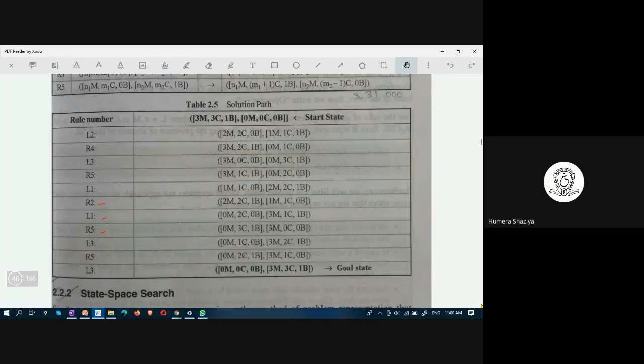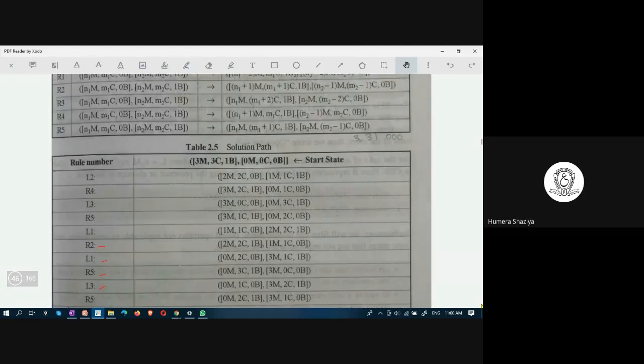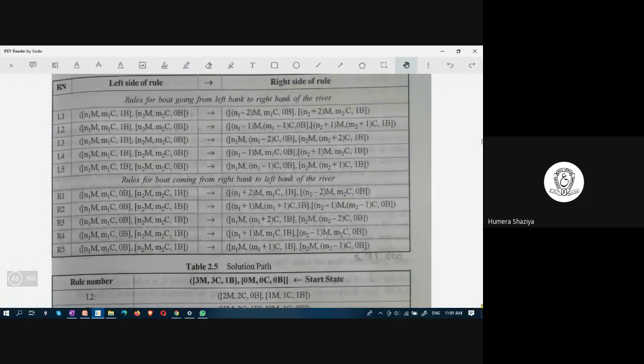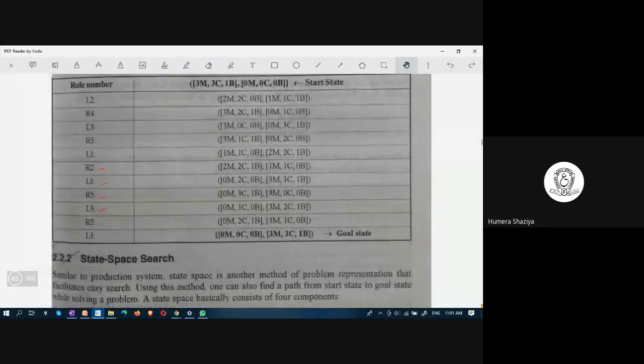Here you are taking one cannibal. And then L3 means you are taking two cannibals to the left. Then R5 is one cannibal from right to left. Finally, L3, two cannibals to the right, and we reach the goal state.